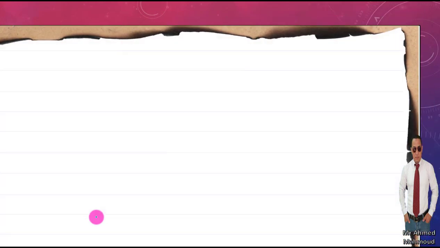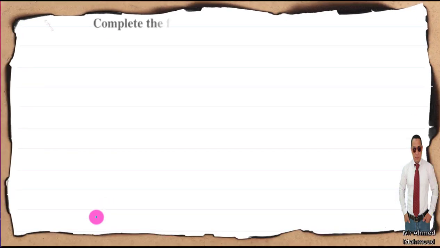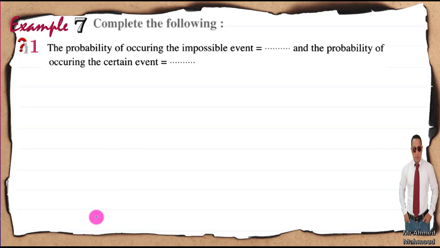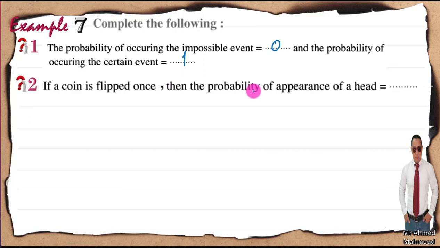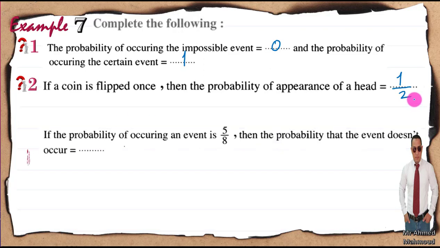Now example 7. Complete the following. The probability of an impossible event equals 0, and the probability of a certain event equals 1. If a coin is flipped once, the probability of a head appearing is 1 over 2, because we have one head over 2 faces.